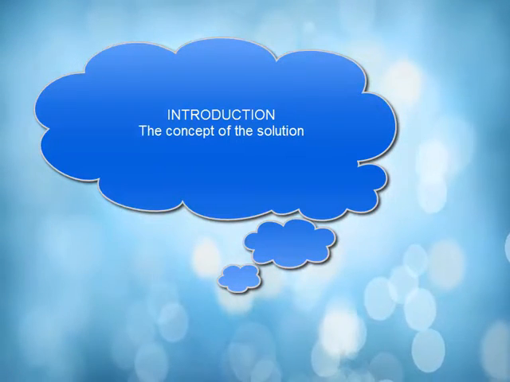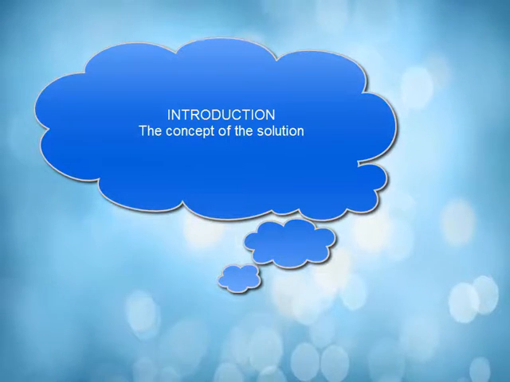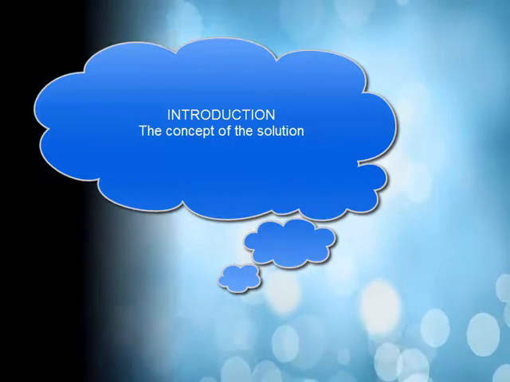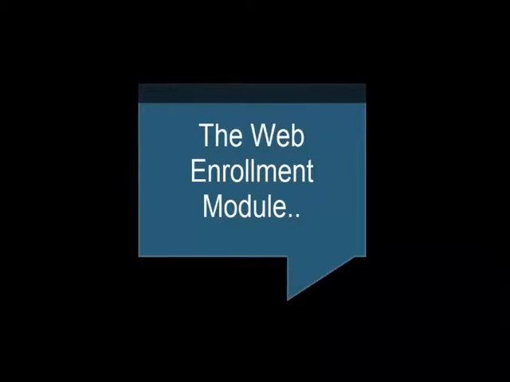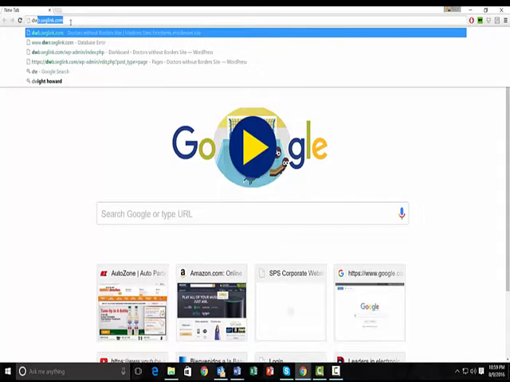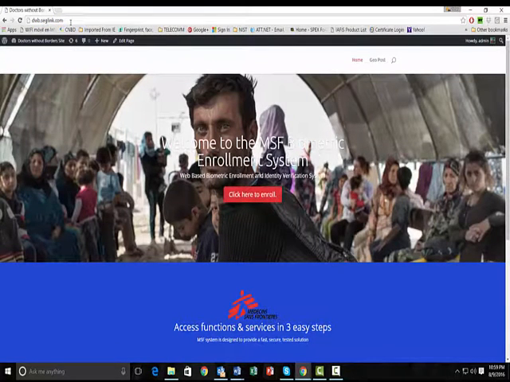With this in mind, we will proceed to the next step to explain what are the components of the solution so you can see them working. The web enrollment module. This is the basis of the capture process, and we are seeing here that we have developed an application that can be reached from any type of internet browser.